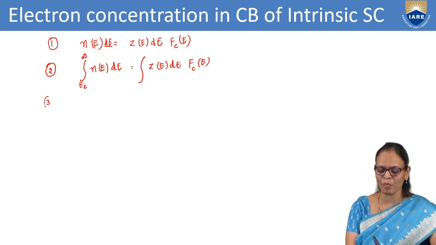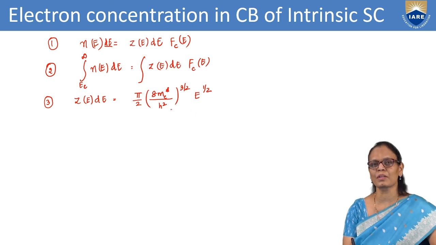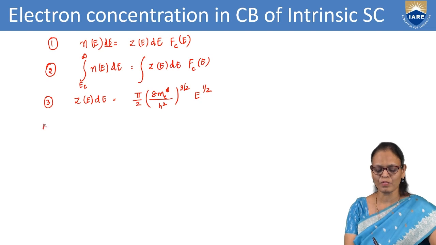In the third step, we are taking the expression we have for the density of states, pi by 2 into 8 me pi by h square power 3 by 2 into E power half. This is what you need to remember for the density of states, because you have to take the product. In the fourth step, you also consider the Fermi Dirac function, which gives the probability.